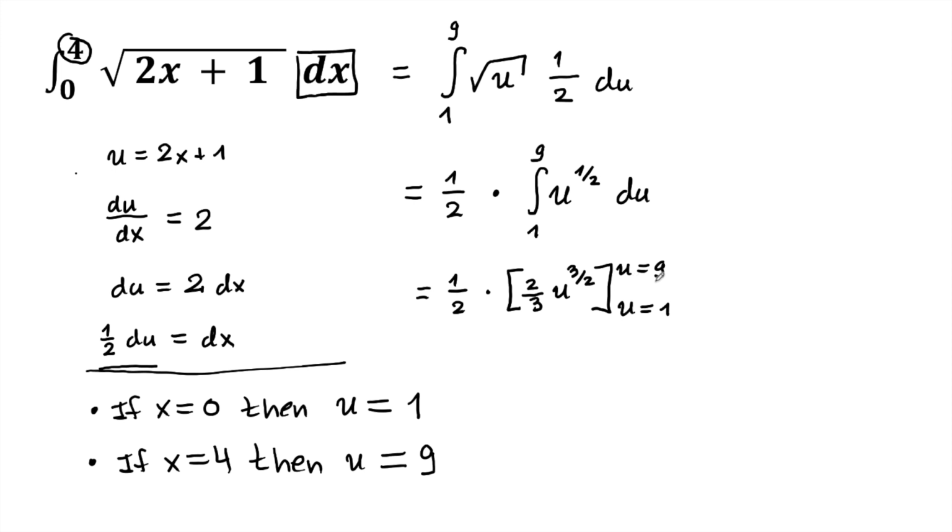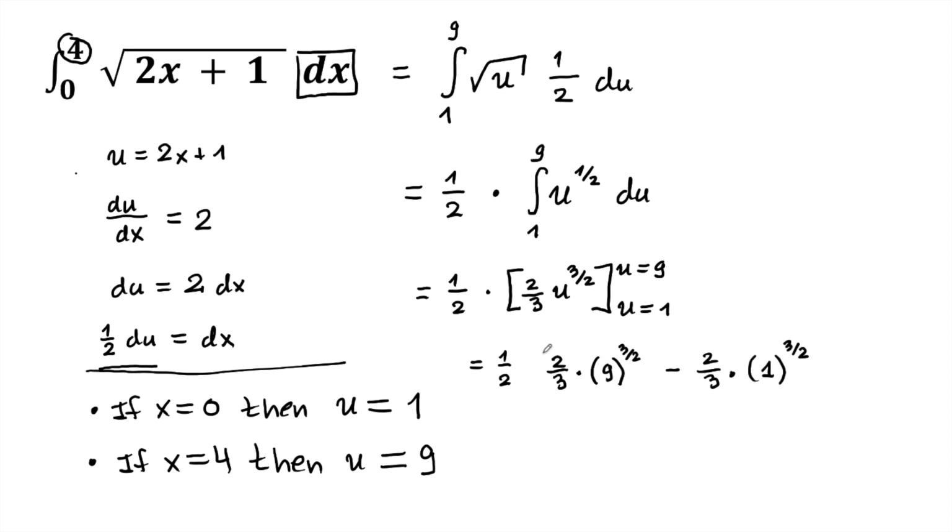First at 9. So the 1/2 is just a constant, and then we'll take this antiderivative and evaluate it at 9. So that's this number, and minus the same antiderivative, but now evaluated at 1.